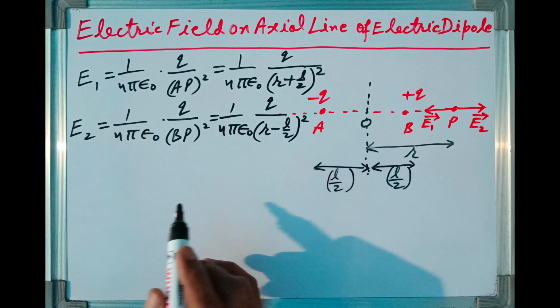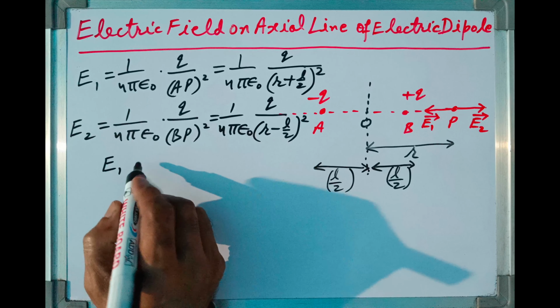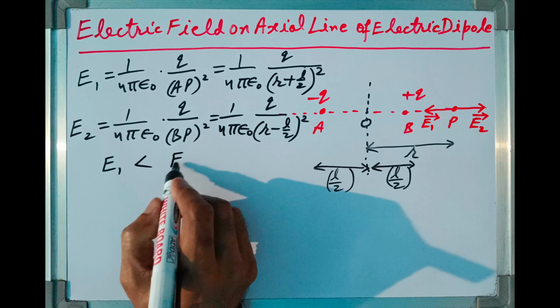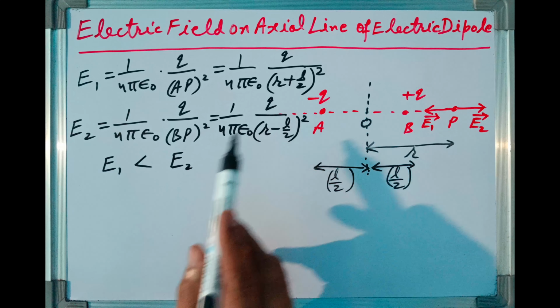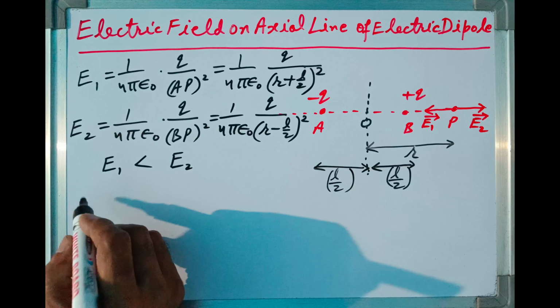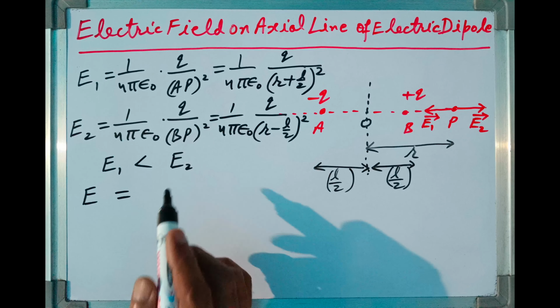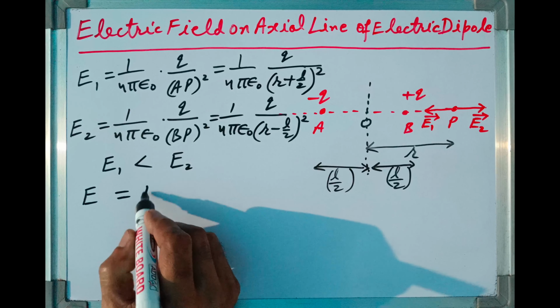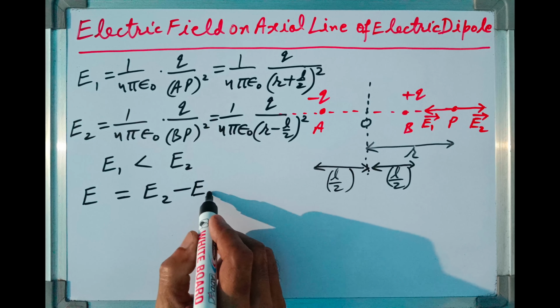So these results show that E1 is less than E2 because the denominator of E1 is greater and the denominator of E2 is smaller. So the net electric field will be the difference of the two. I will subtract E1 from E2.